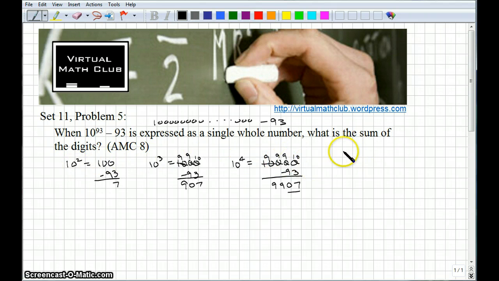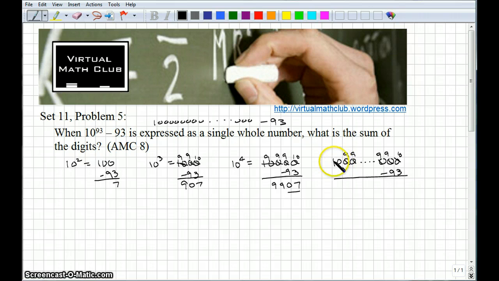You could also do something like this. You could write this out and put some dots for some of the zeros, and then you could subtract 93. Pretend like you're actually going to do this calculation, and you'd have to borrow to make this 10, and then these would all be 9, 9, and so on.